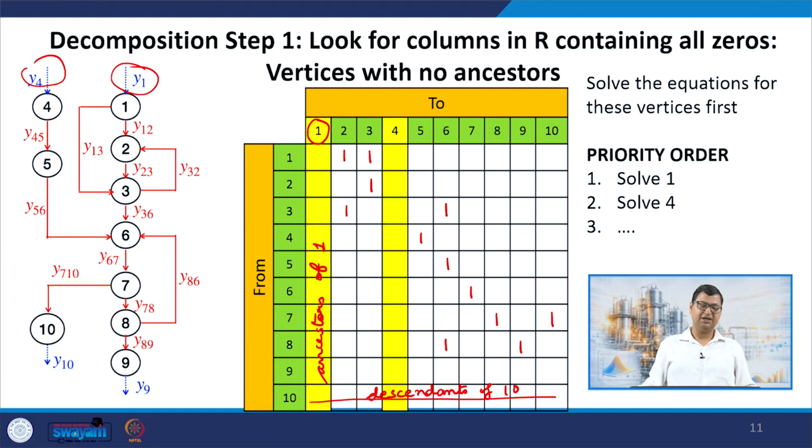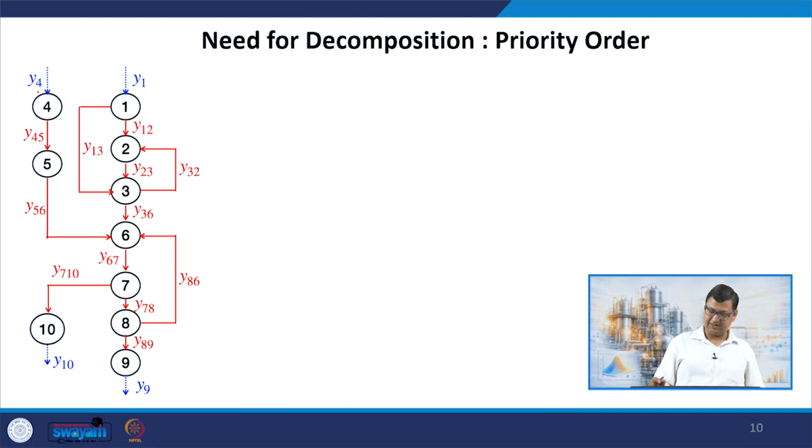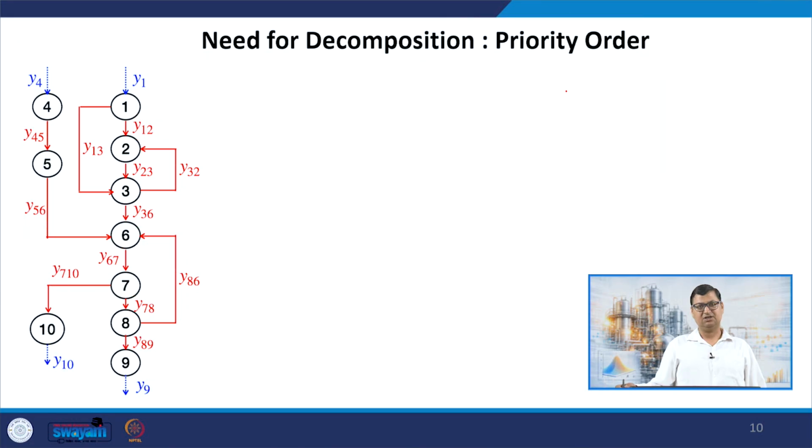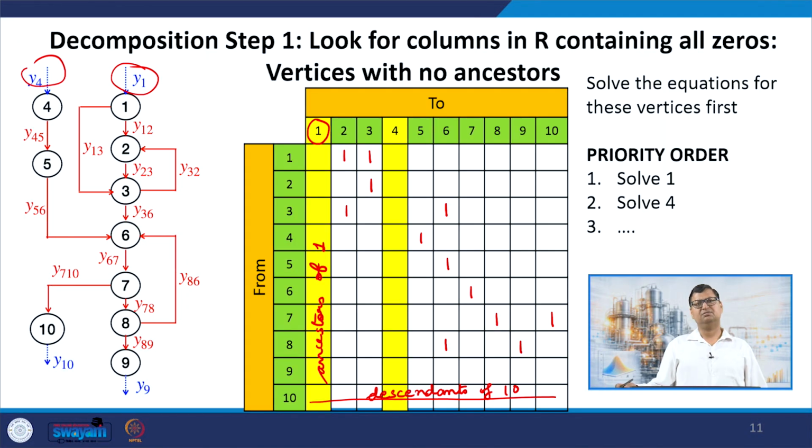Similarly, I cannot reach vertex 4 from any other vertex, in one step or in any number of steps. Therefore, we can solve the balances for these vertices first. Whatever balance equations we have for these vertices, the first equation and the fourth equation, I should solve first, because they do not depend on any other vertex in the graph.